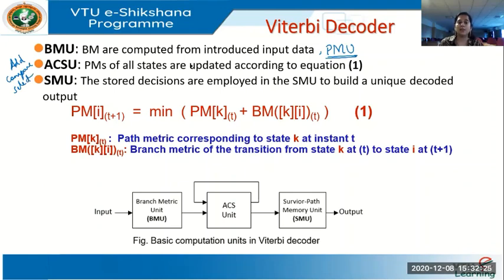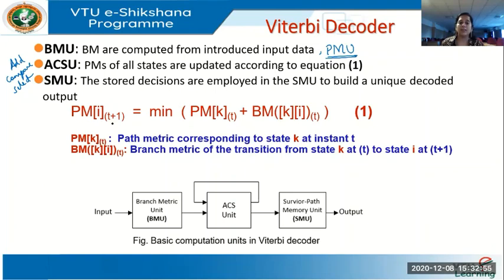And they store the path metrics by updating at each of the nodes. And they follow the equation given here. And SMU stands for survivor path memory units. Out of two paths reaching a node, only one path survives. The path with the least distance will survive. And what is the equation used for computation? It can be written either in this form or one more form I'll show you.